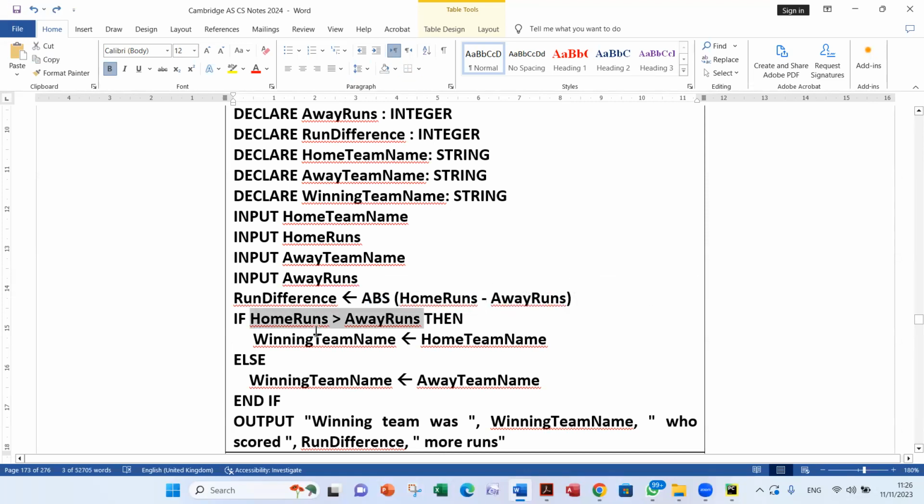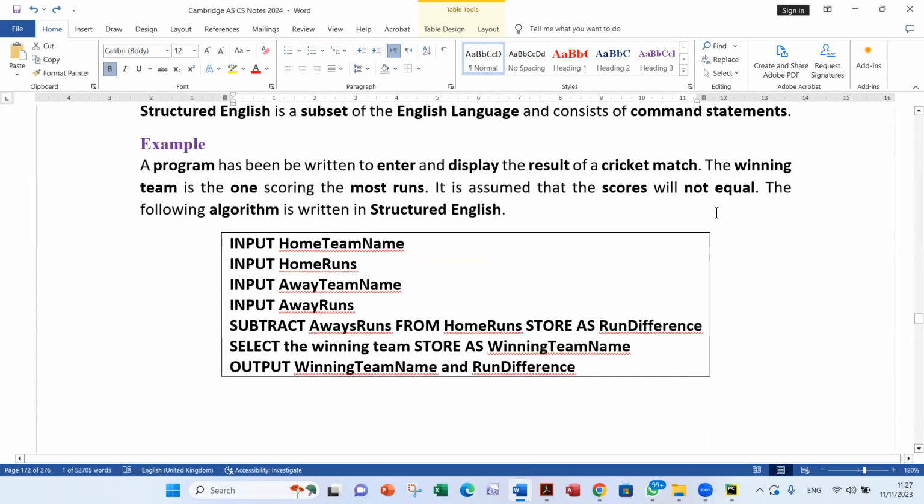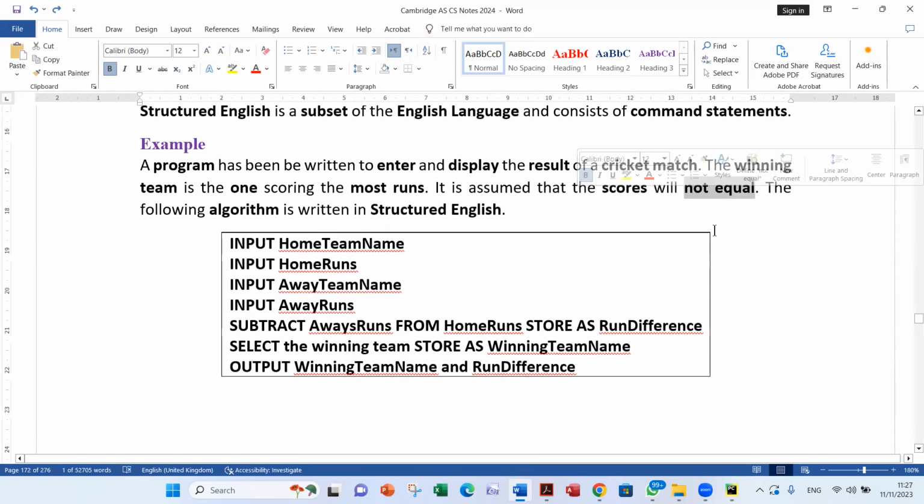And the opposite of greater than is smaller than or equal. So if there is a draw, the program will work incorrectly and will say that the away team is the winner. I didn't consider this because the exam said they will never be equal. So comfortable.